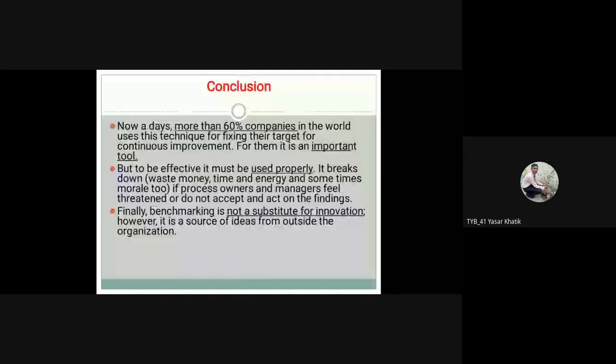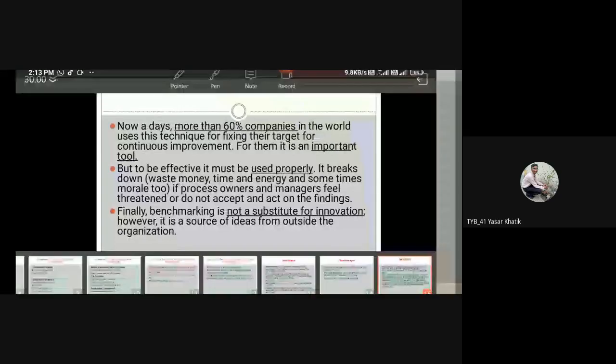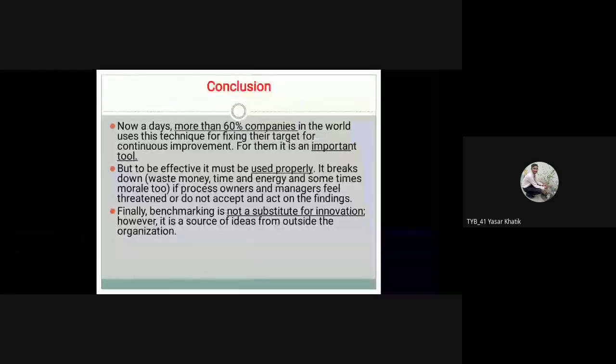Okay, so I thought we have completed the first point, that is the benchmarking from chapter number point 2, part 2. So benchmarking is very essential for every organization.